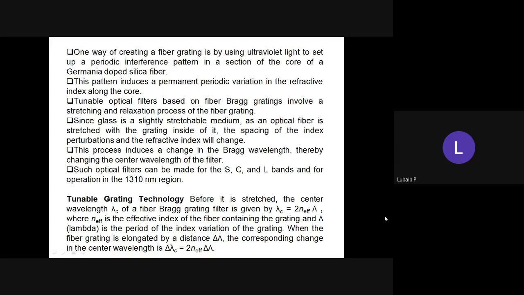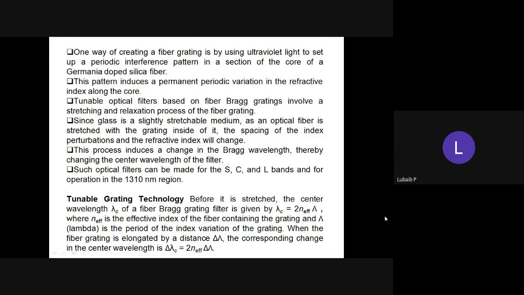When the fiber grating is elongated or expanded by a distance, there is a delta lambda, due to the elongation of the fiber.